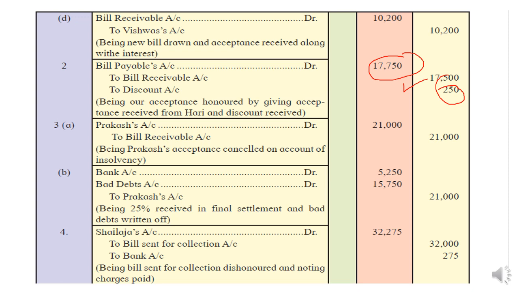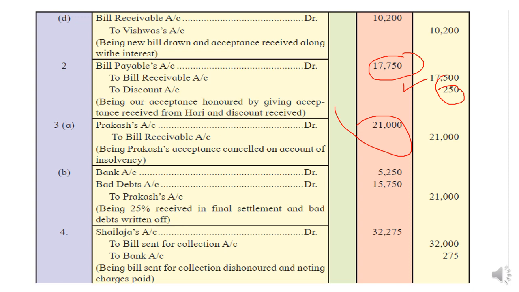Now the third transaction says Prakash is a drawee who became insolvent. So first the dishonor entry will be written, being Prakash acceptance cancelled or dishonored on account of insolvency, drawee account debit to bills receivable, the amount of the bill will be written. After that, only 25% amount is received by him from his property. So what is 25% of 21,000?